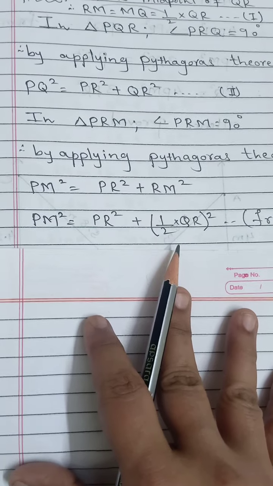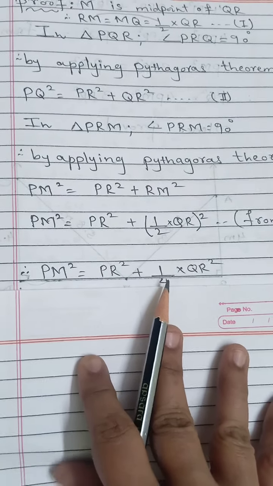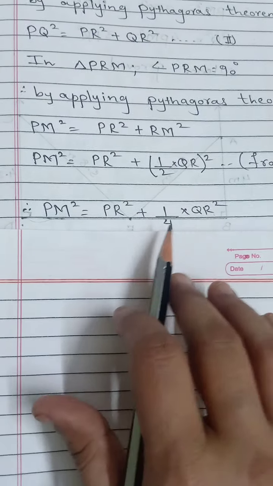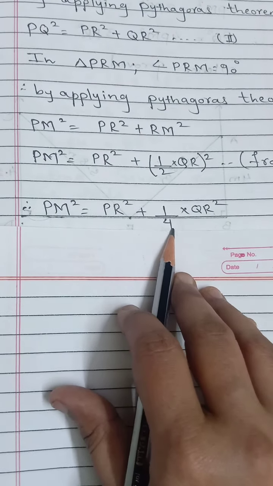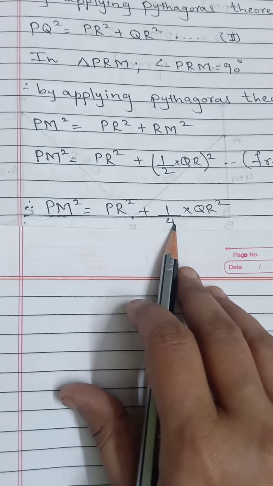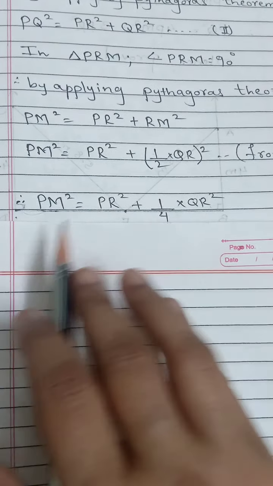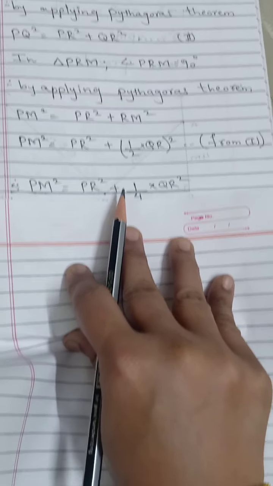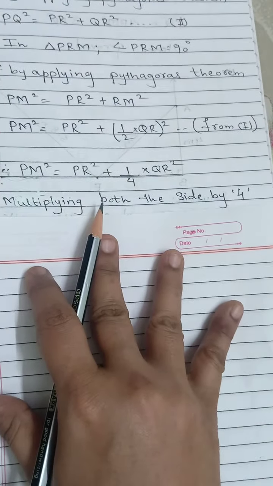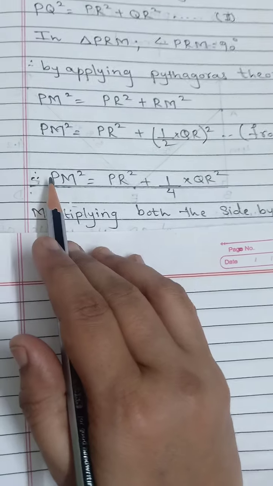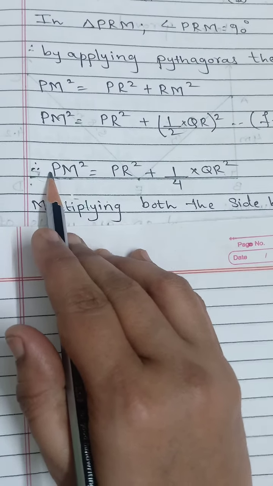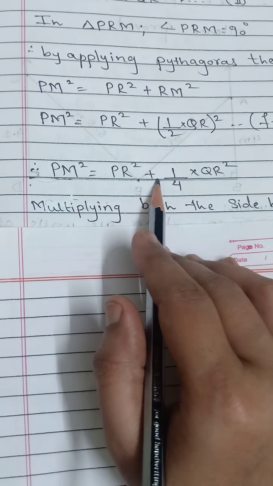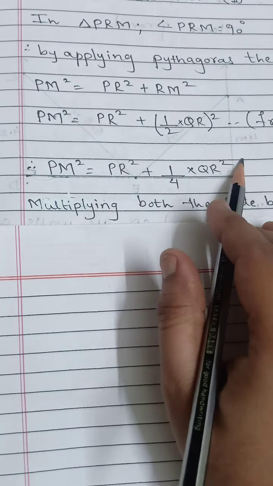So see the next term, PM square is equal to PR square plus 1 upon 4 into QR square. Now this denominator is 4. So for removing this 4, what can we do? We will just multiply both sides by 4. So we will write here, multiplying both sides by 4. So 4 will be multiplied by PM square also, 4 will be multiplied by PR square also, and 4 will be multiplied by 1 upon 4 into QR square also.